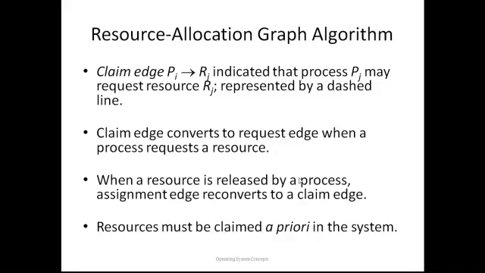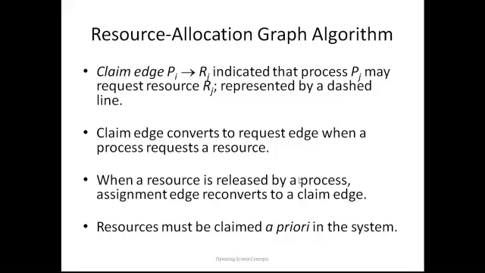The claim edge, that means how the process is claiming the resource, is denoted by a directed edge from Pi to Rj, which indicates that the process Pi may request the resource Rj, represented by a dashed line with an arrow.